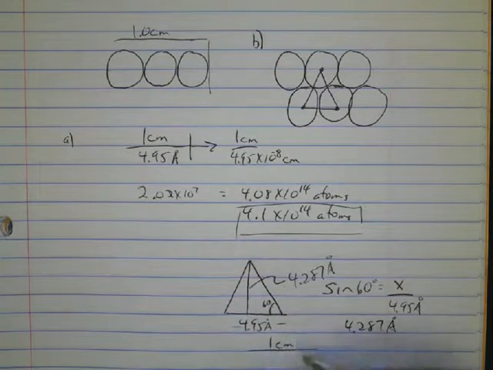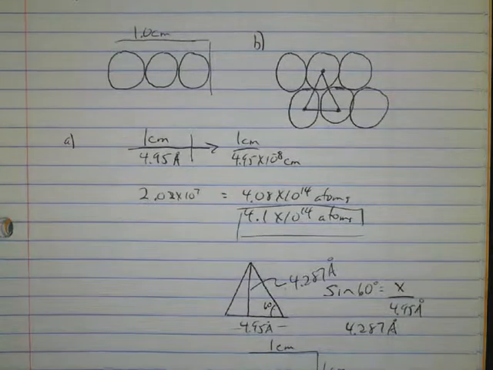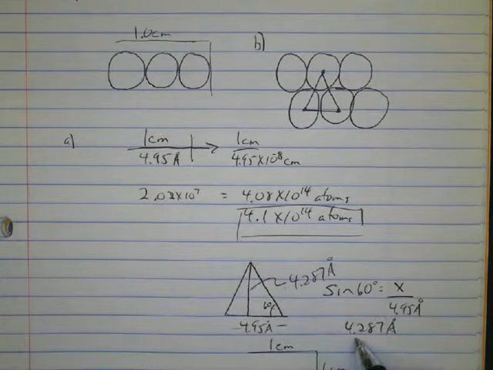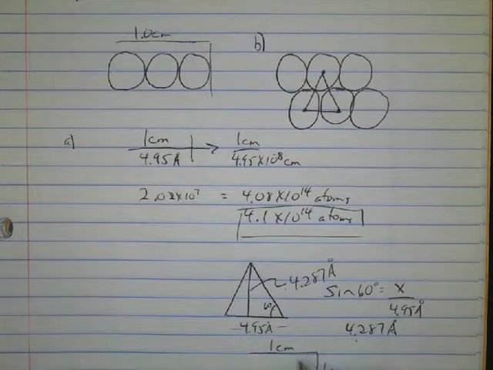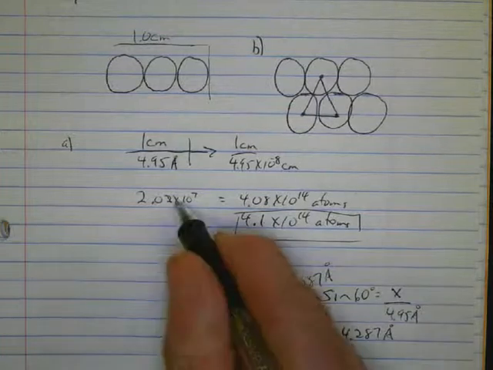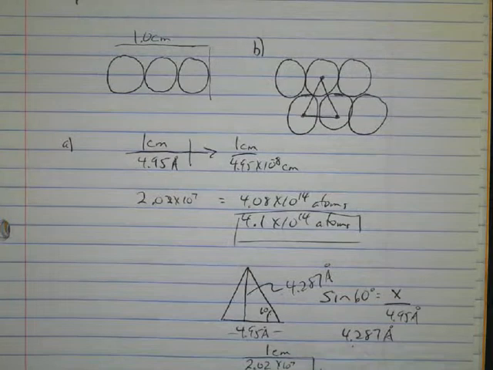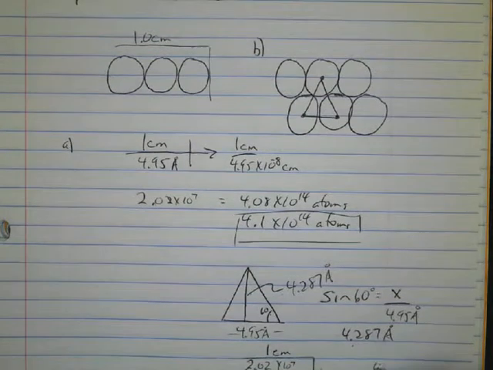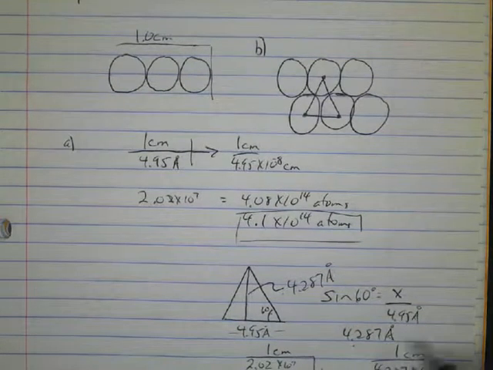So we're going to multiply 2.02 from the previous step times 10 to the 7th times, let's see, we have 4.287 times 10 to the negative 8 under 1, because we're dividing that into a centimeter. That turns into 4.287 times 10 to the negative 8 inverted.